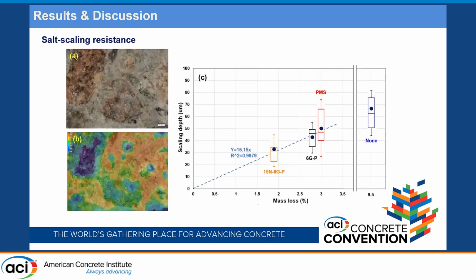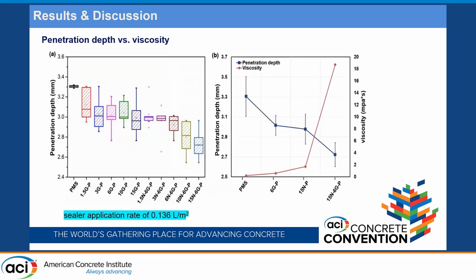So far, everything looks good, but we also find a potential problem: adding too much nanomaterials will result in an increase of viscosity. That means it's very hard to make the sealer get into the concrete. In addition, the penetration depth was also decreased.